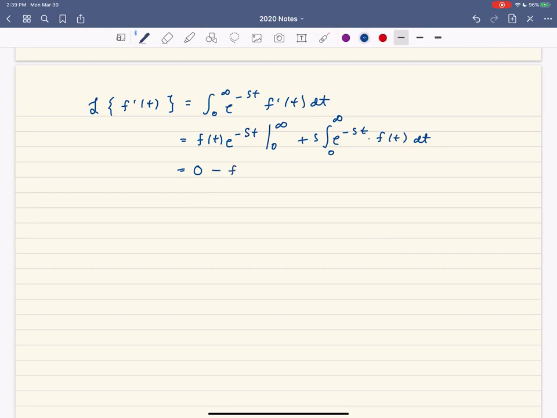So we're going to have f of 0 times e to the negative s times 0, plus s times, this is the Laplace transform of little f, so I'll call that capital F of s. And then we're done. This is going to be s times capital F, minus little f of 0, and that's the Laplace transform of f prime of t.